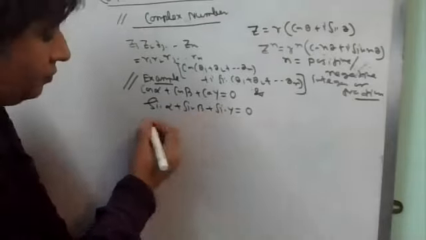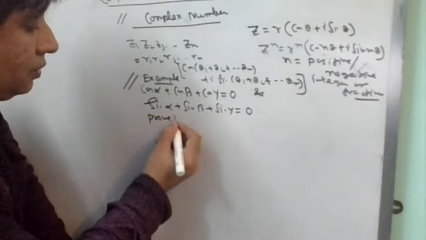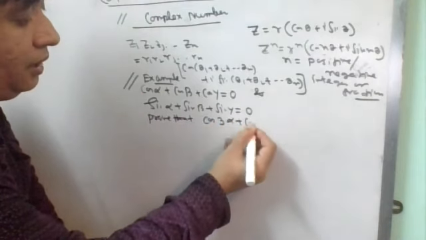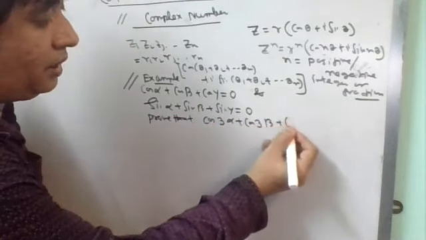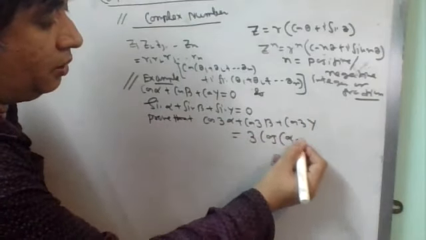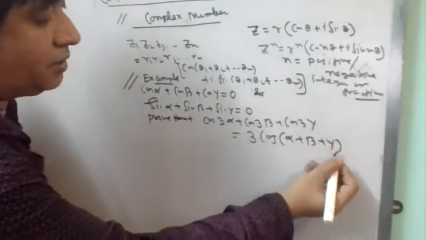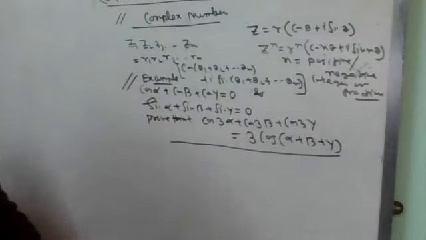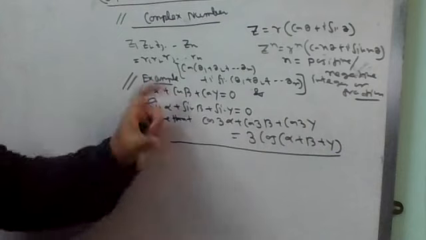Prove that cos 3 alpha plus cos 3 beta plus cos 3 gamma is equal to 3 cos of (alpha plus beta plus gamma). This is the sum.